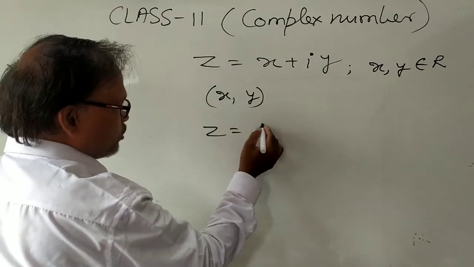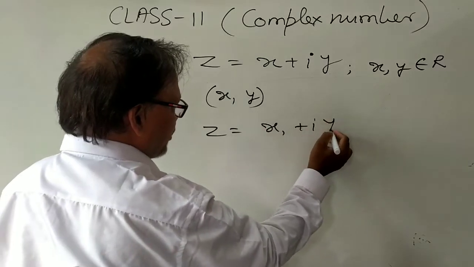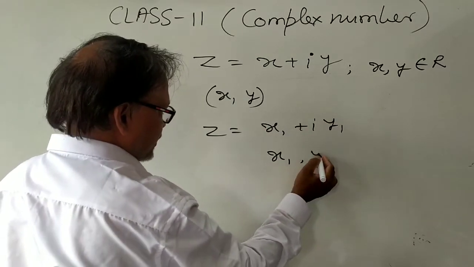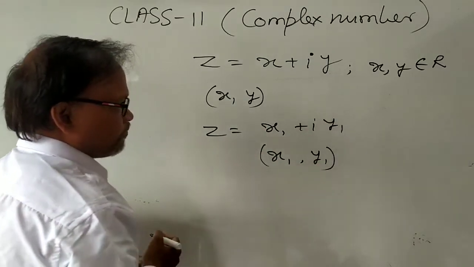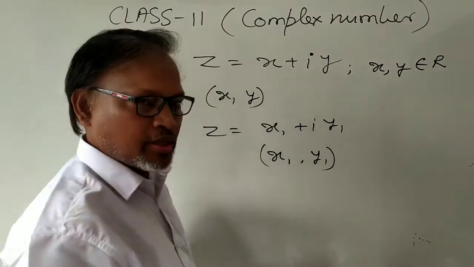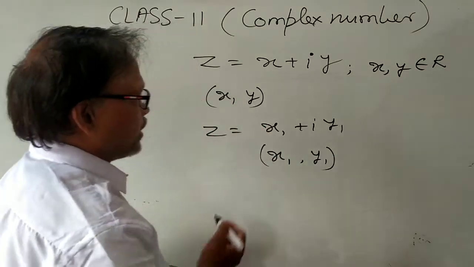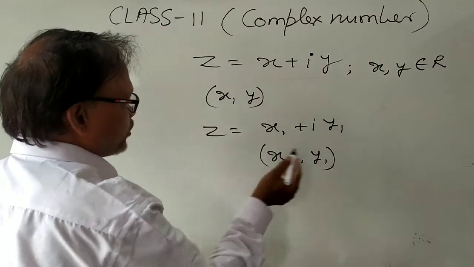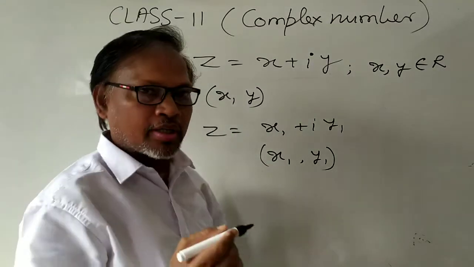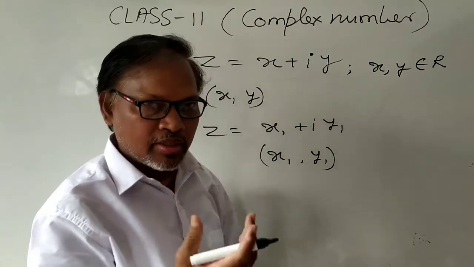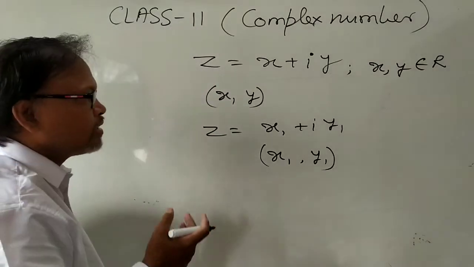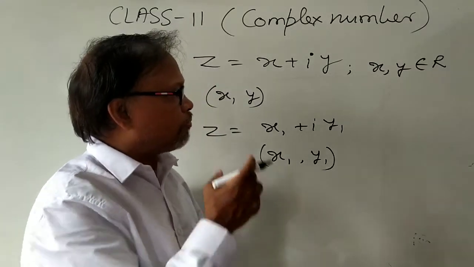And if you have the other complex number x1 plus iy1, then you can plot it like this, x1 comma y1. So these are the coordinates of the point on the graph paper that you can plot, and this is called the Argand plane. This is not called a graph paper, it is called the Argand plane, where you plot the complex number.